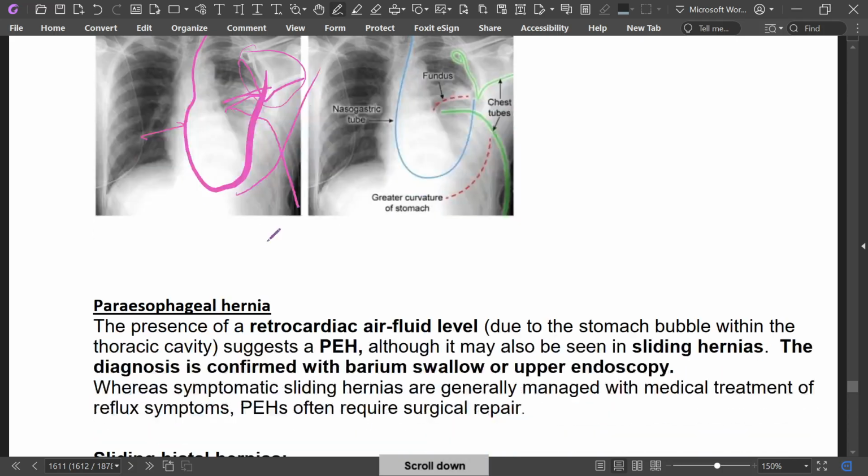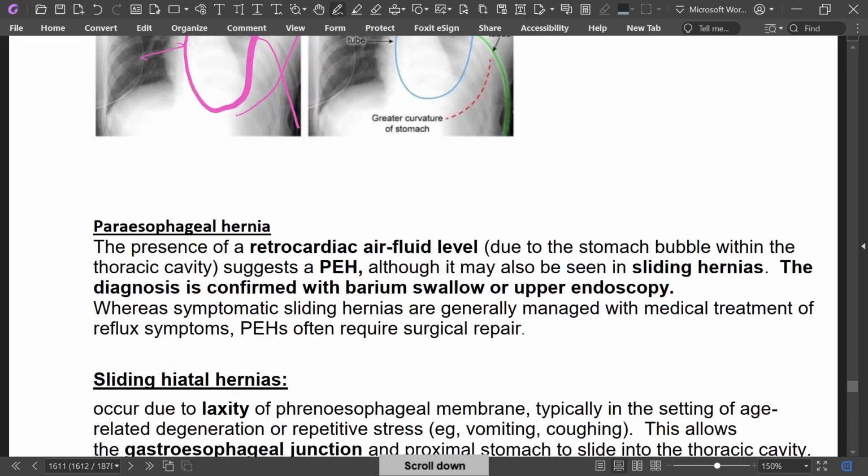Next, the paraesophageal hernia. In paraesophageal hernia, there is a retrocardiac air fluid level, retro meaning the backside of the heart, due to the stomach bubble within the thoracic cavity.